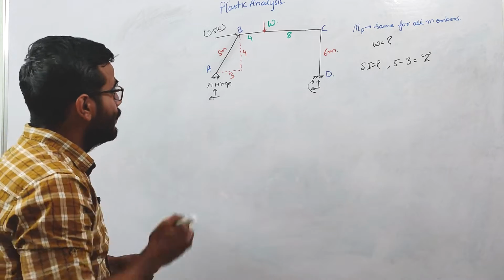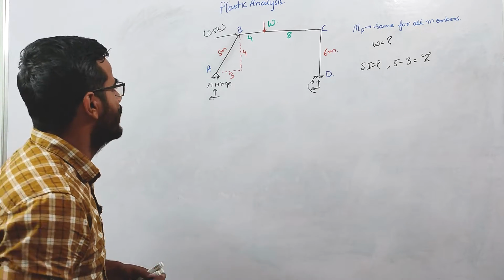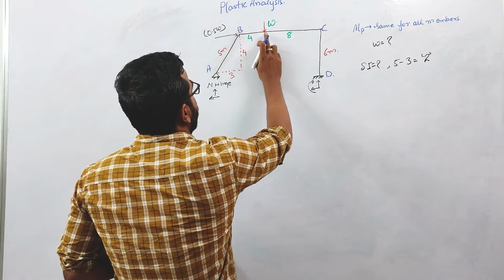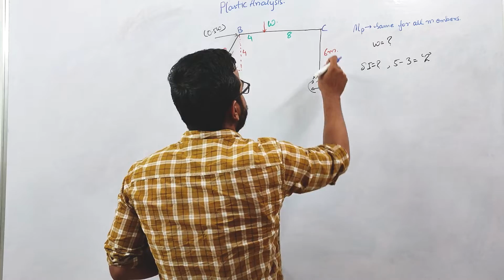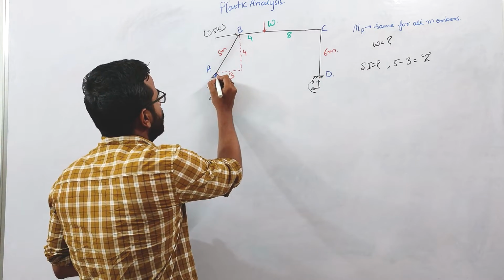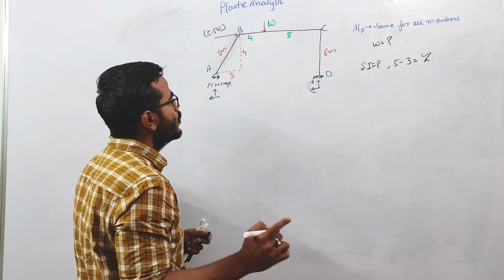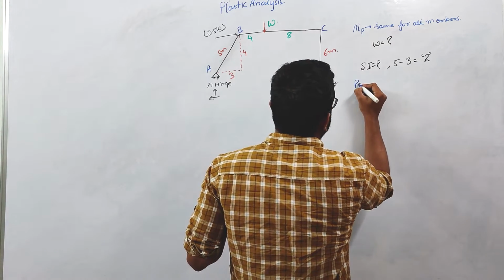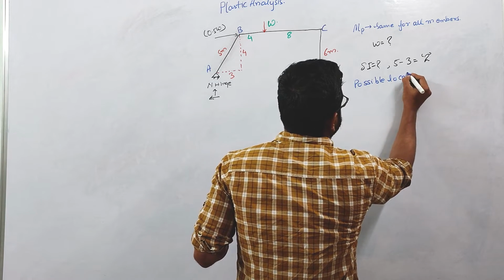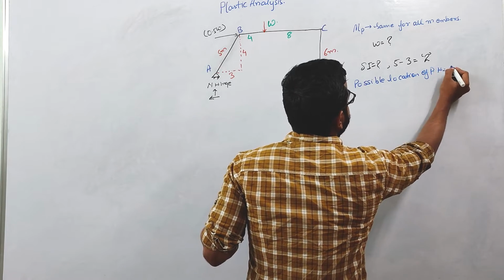And the next step is to find the possible locations where plastic hinges can form. Okay, so plastic hinges can form at this B point, under this point load, at this C and D. At A, it is a natural hinge, so at this point the moment will be 0, so a plastic hinge will not form here. Okay, so the total number of possible locations of plastic hinge is basically 4.